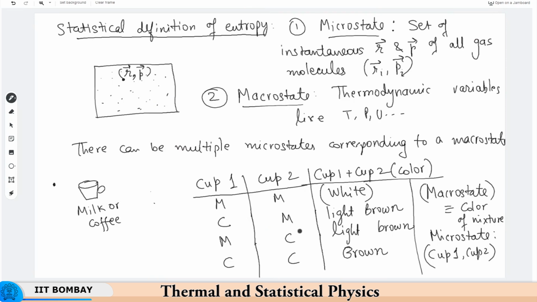If I ask you to pick two cups, it's more likely to end up with a light brown color than to end up with either brown color or white color, because there are more possibilities which give rise to this macrostate, right. So, for example, if rather than picking only 2 cups, I pick 100 cups, in order to get a brown color, you have to pick all the 100 cups which are just coffee, and you can see it's a very unlikely event, right.